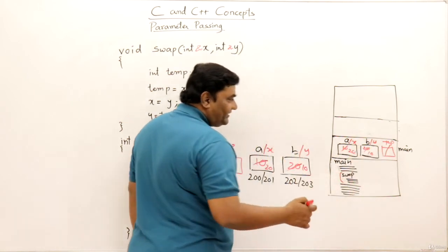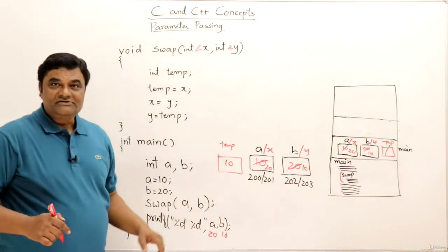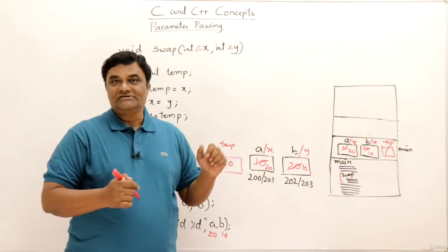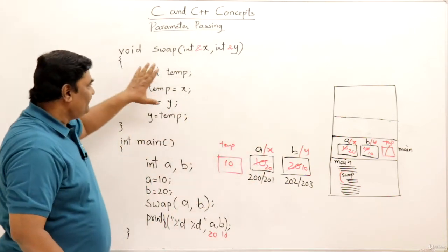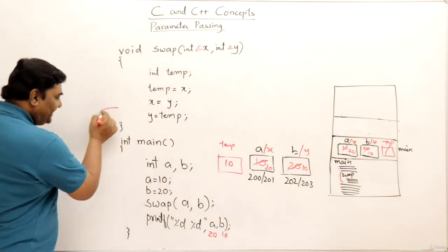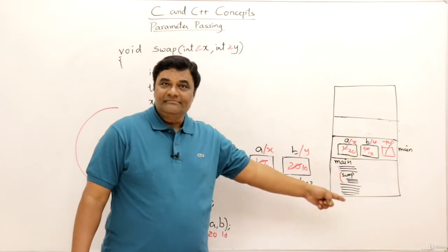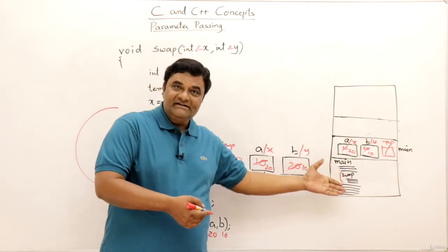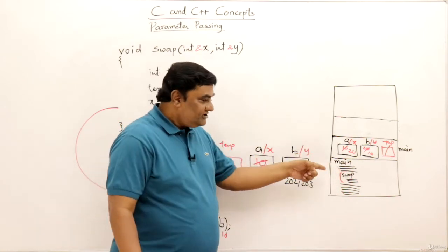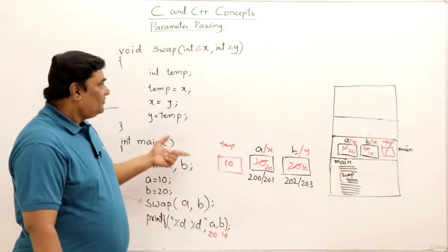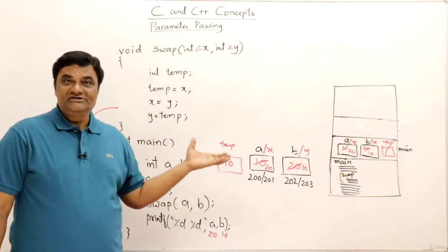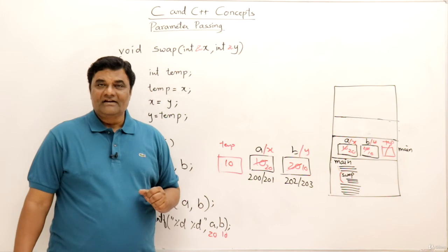So this swap is not a separate body of a function. It has become a part of the main function. It means the machine code of this swap function will be pasted here. So this is more like a monolithic program, the entire code inside the single main function only. So the machine code is monolithic, though the source code is procedural or modular.